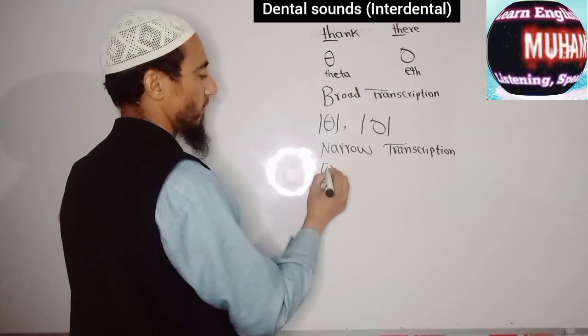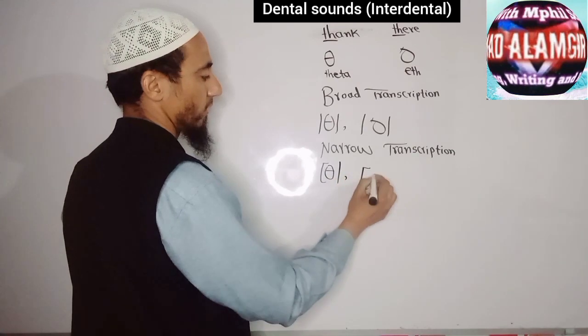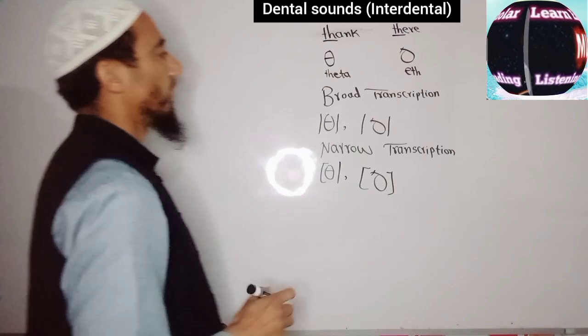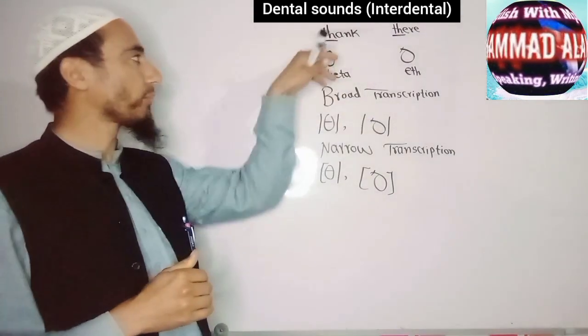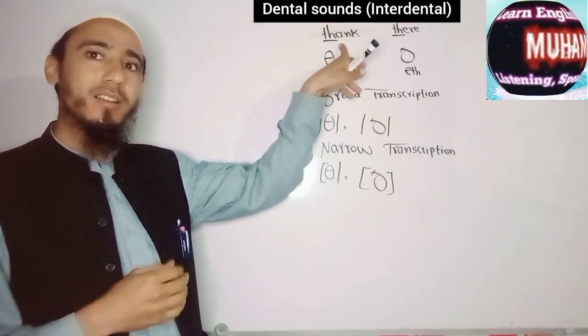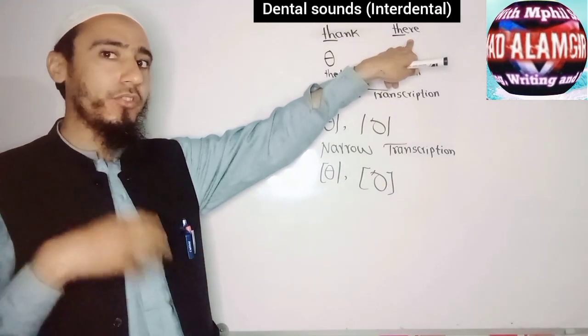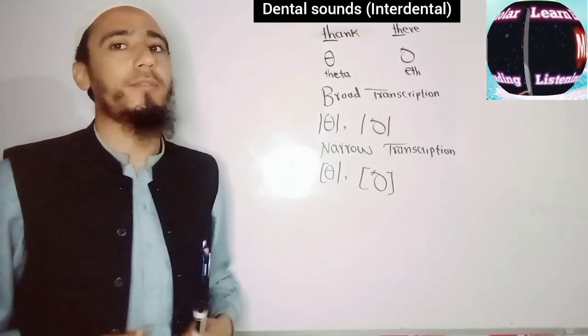You see the theta sound, or tha sound, and the eth sound. Now I'm repeating: think, and this one, there. So it is the tha sound and it is the sound.